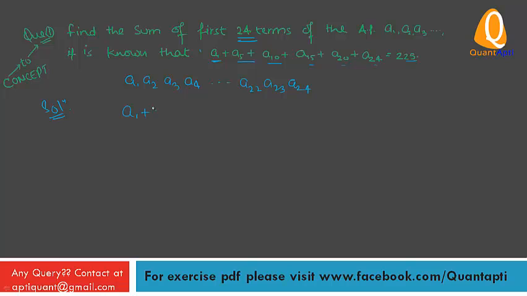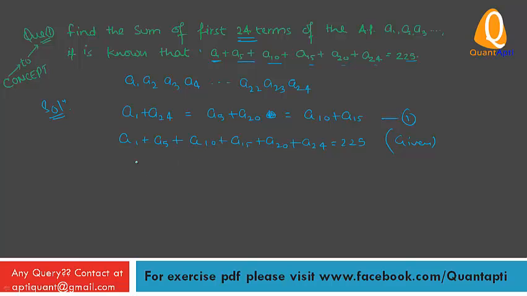Then a1 plus a24 is equal to a5 plus a20 is equal to a10 plus a15, or we can say a1 plus a5 plus a10 plus a15 plus a20 plus a24 is equal to 225. That is given in the question.